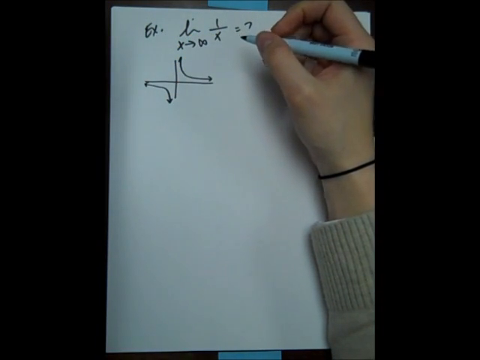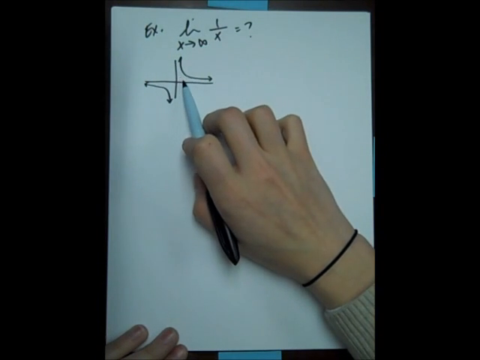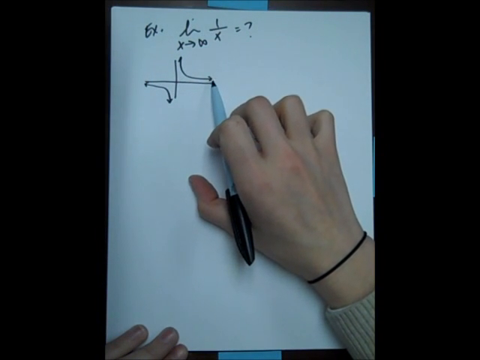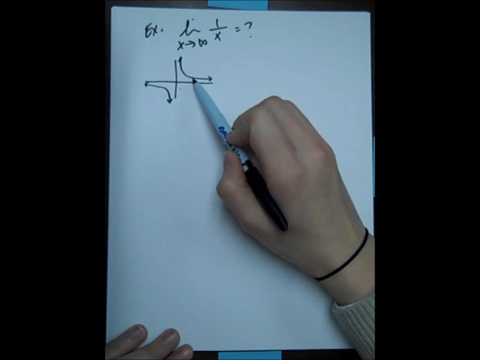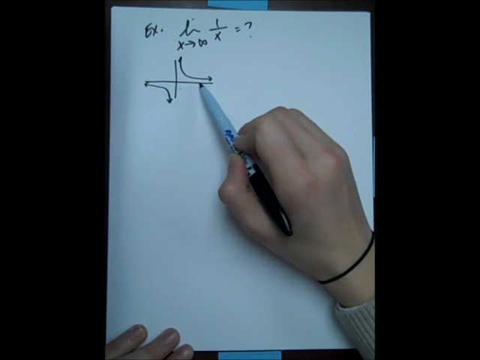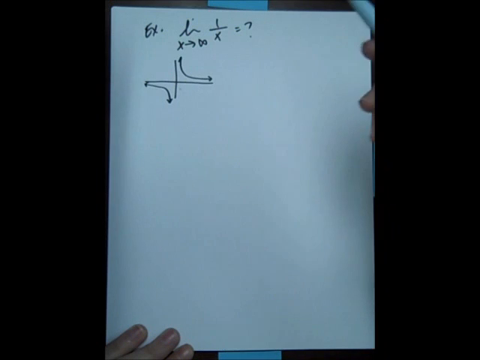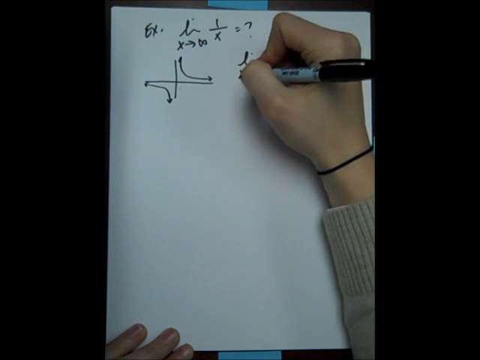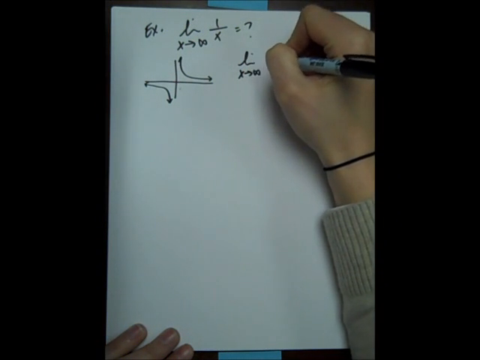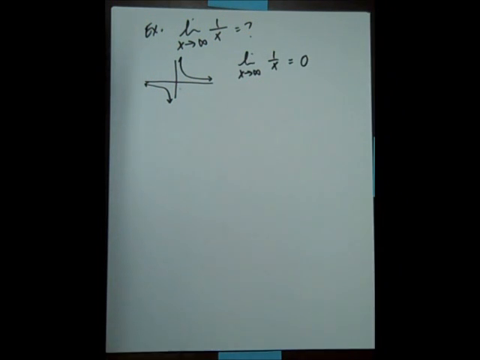So I'm talking about what's happening as x grows larger and larger. What are my y values doing? Well, you see, as x grows larger and larger, my y values are approaching the x-axis, and that's where y is equal to 0. So I have that the limit as x approaches infinity of 1 over x is just 0.